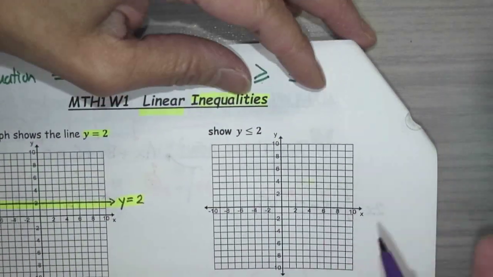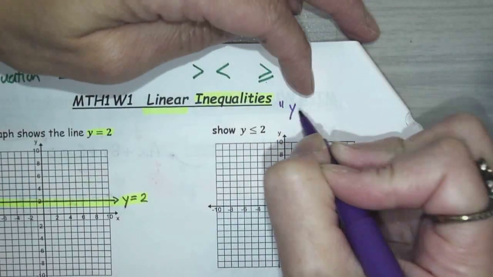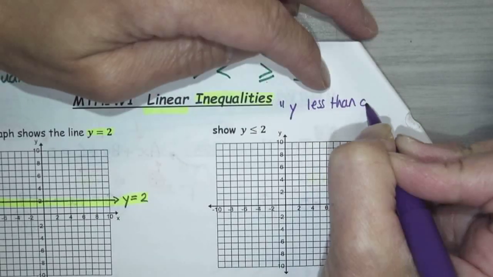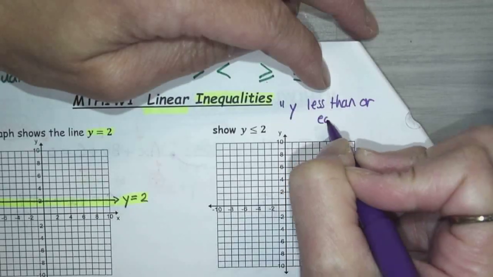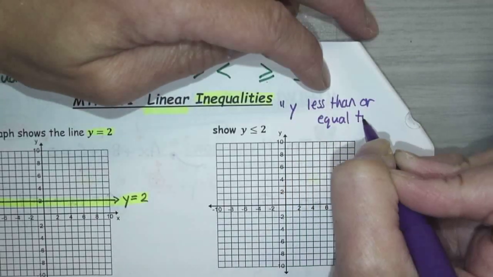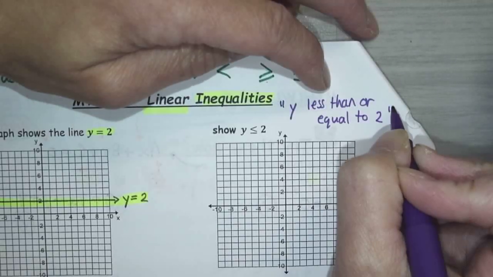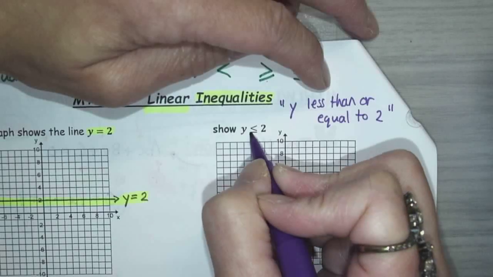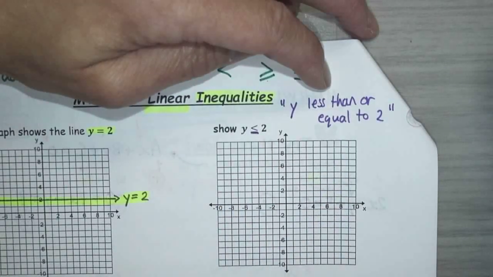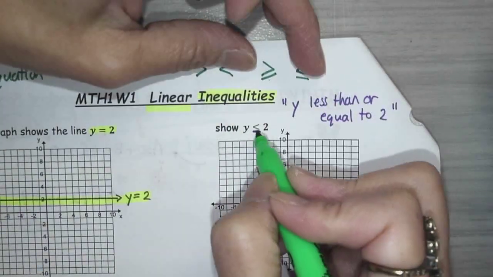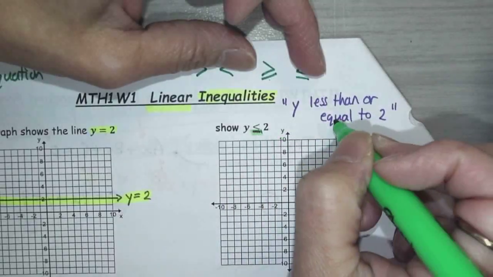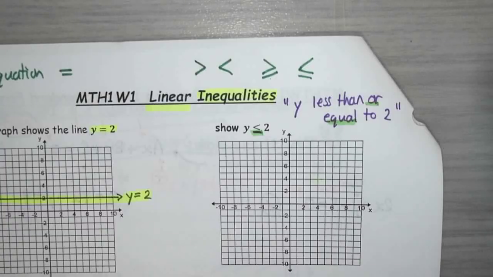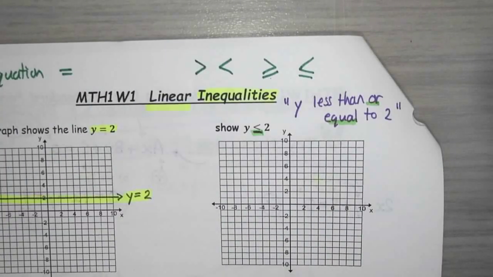This is saying, y is less than or equal to 2. So that's how you would read that. Less than or equal to 2. So this extra line here is the or equal to. I'm not sure if you've seen that before. Less than you've probably seen, but or equal to is a little different.